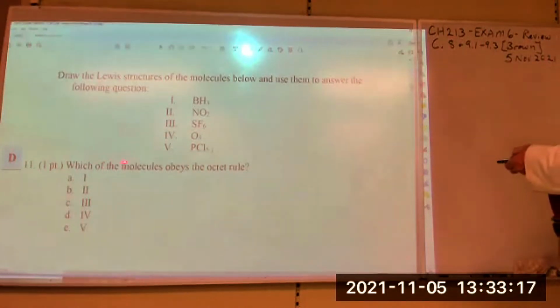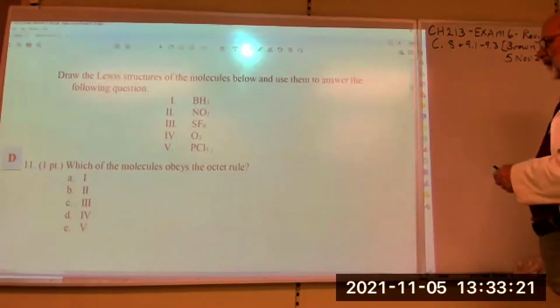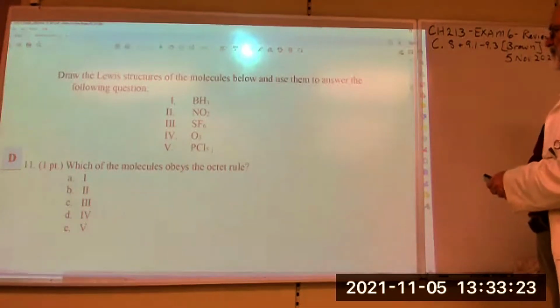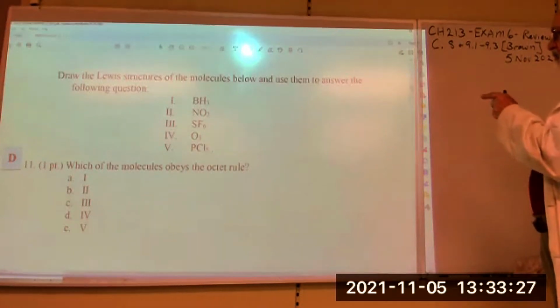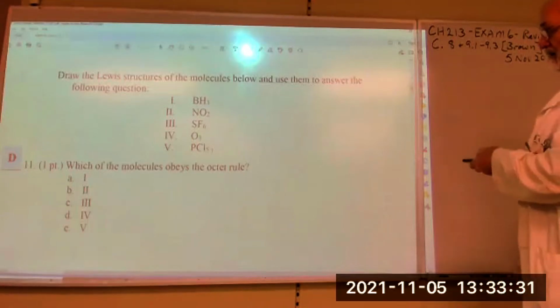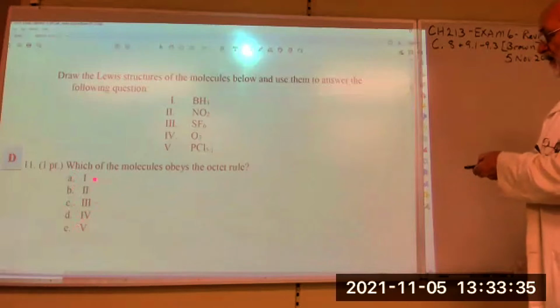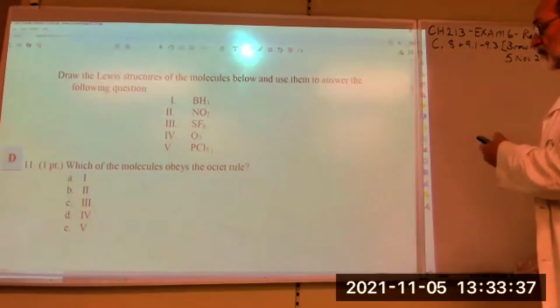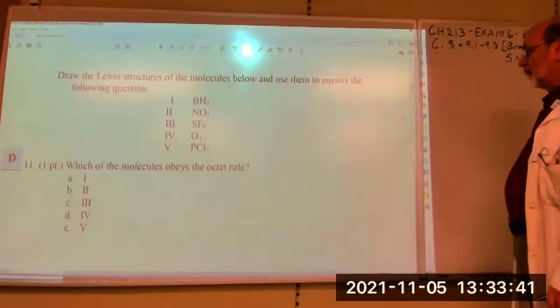Which of the molecules obeys the octet rule? Which obeys the octet rule? So since there's only a selection of 1 through 5, one of them obeys the rule and the rest don't.